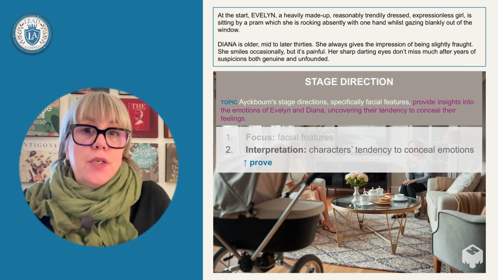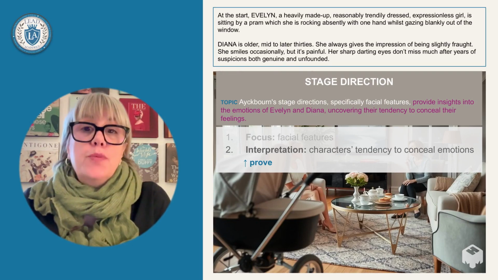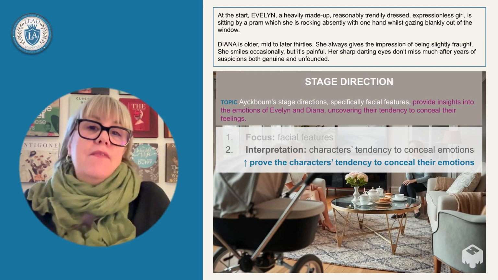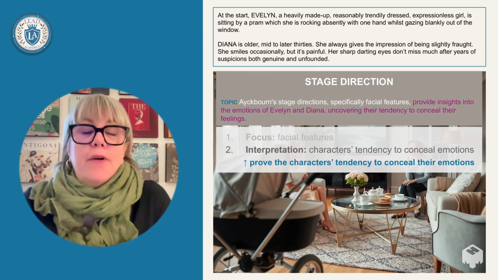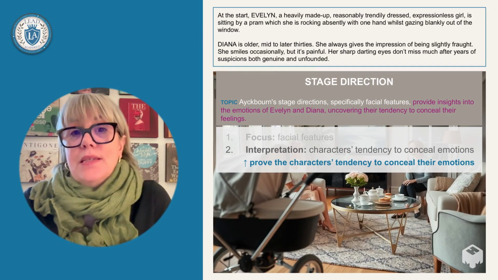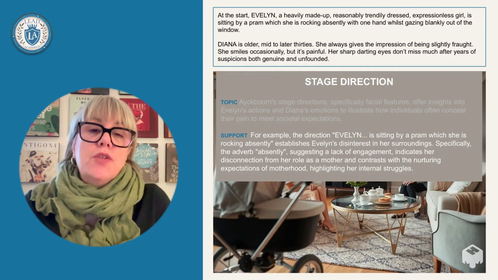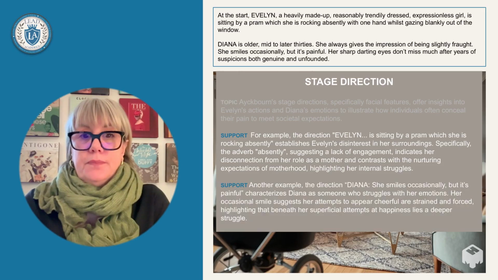The interpretation is also called your argument or your claim, and it requires proof from the text. Given our sentence, we'll need to prove that the character's facial features are concealing their true emotions. So let's look at how to do that with supporting evidence.